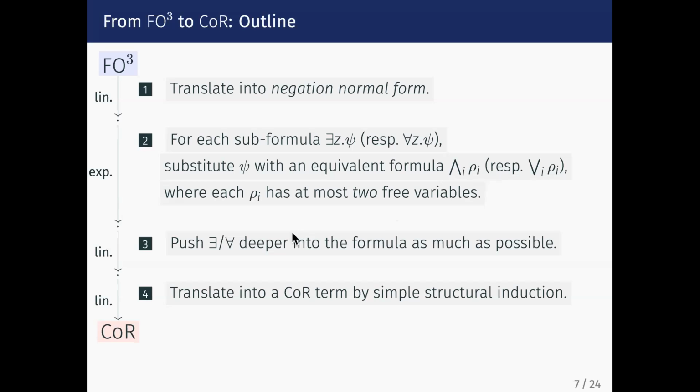Third, we push quantifiers into the formulas as much as possible, then we can translate into CoR terms by simple structural induction. Here, only this part is exponential. So we give each step.